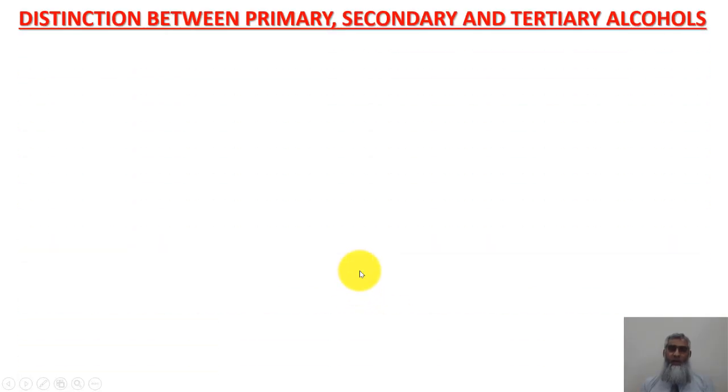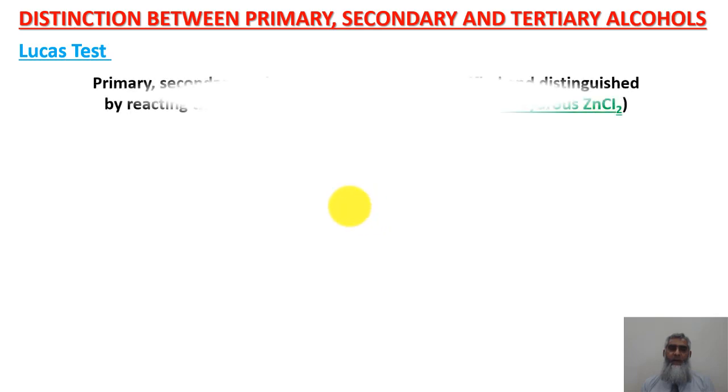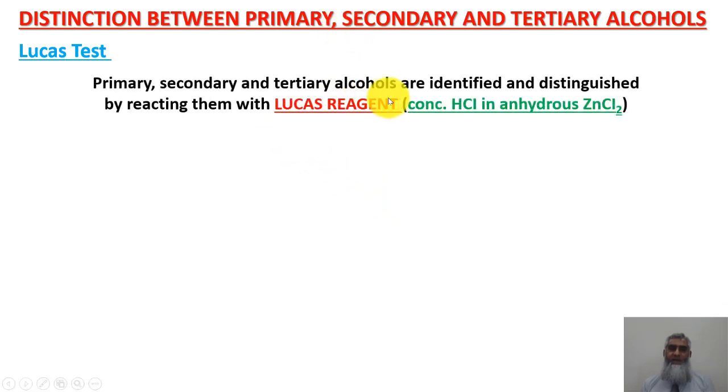Now, after the completion of reactions of alcohols, there is a test which is used for distinction between primary, secondary and tertiary alcohols. By using the Lucas test, we are able to identify between different alcohols which may be primary, secondary or tertiary alcohols.